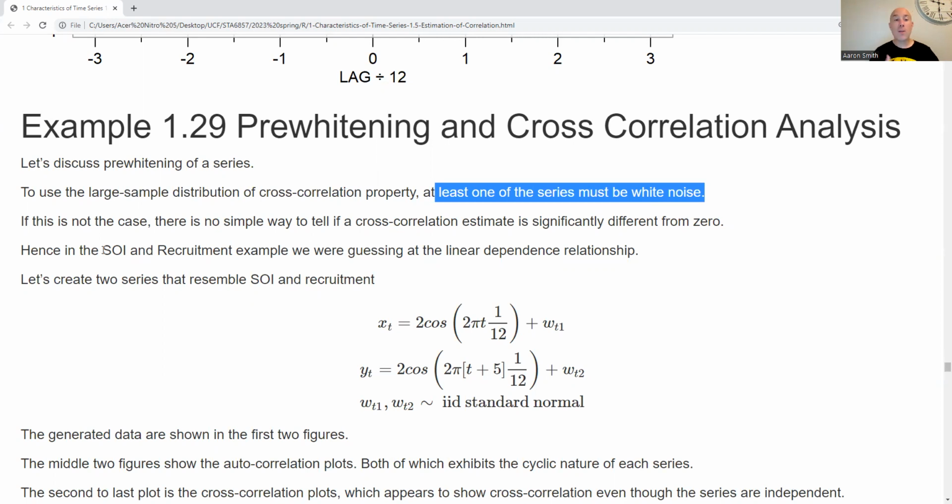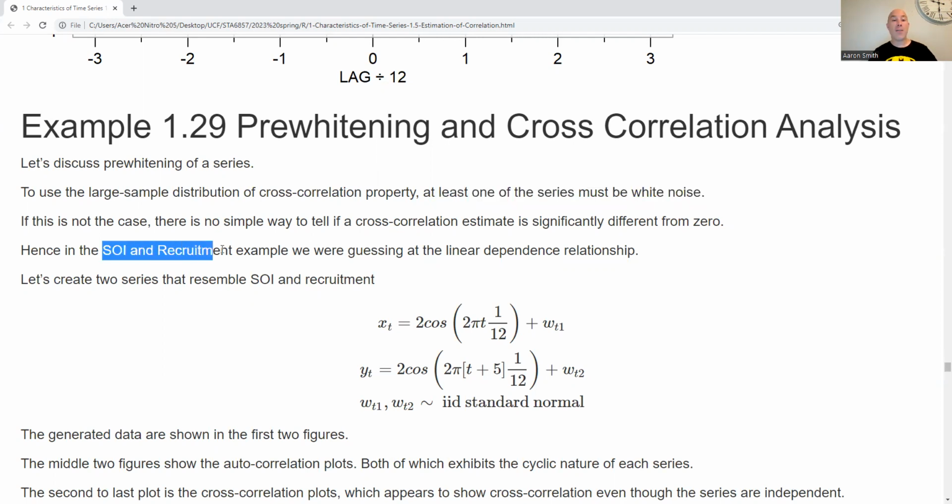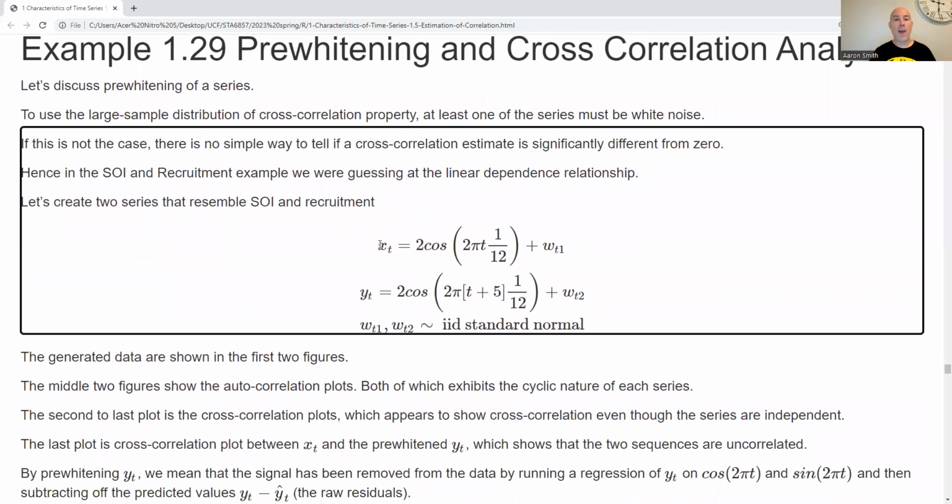All right, so in this particular example, we go ahead and make a guess that we have a linear dependence relationship between the two. Just to explore what's happening and get more of a theoretical understanding, let's generate two time series that look similar to the SOI and the recruitment time series. We're going to say that X is a cosine time series plus Gaussian white noise.